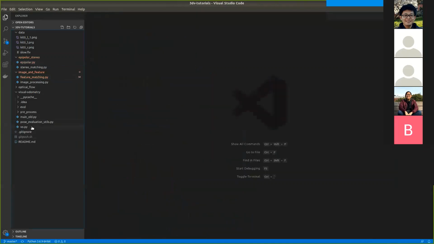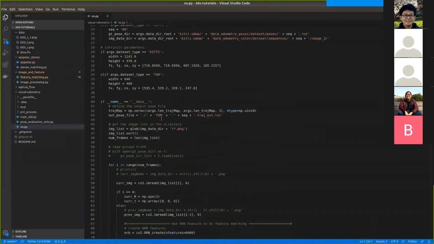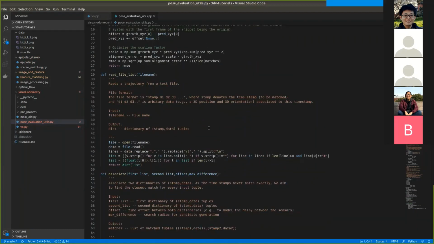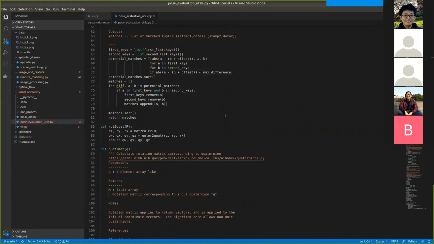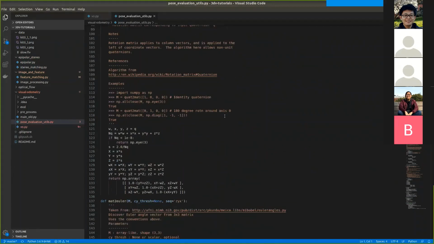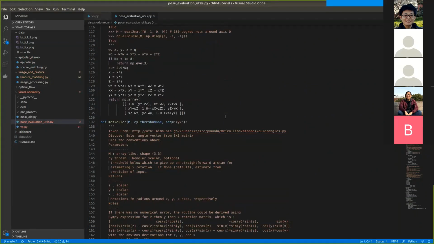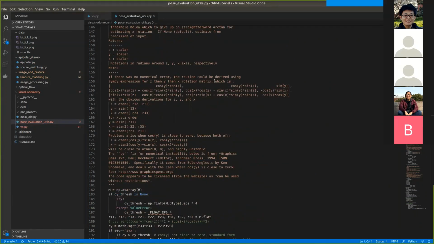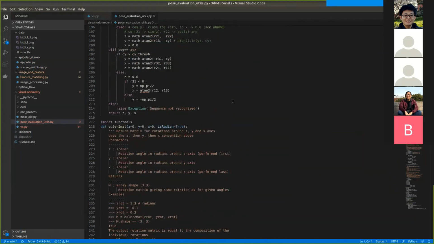One is the main part of the visual odometry, and the other is post-evaluation utils, some of which are used to read and load the images and the poses. It also includes some of the transformation between quaternion and Euler angle, etc.